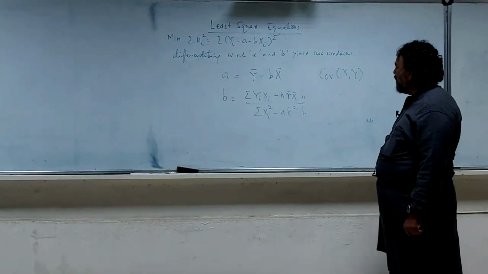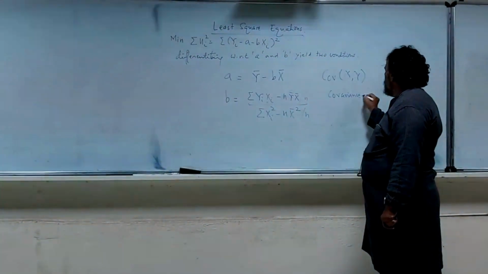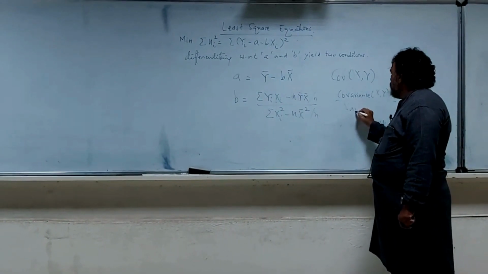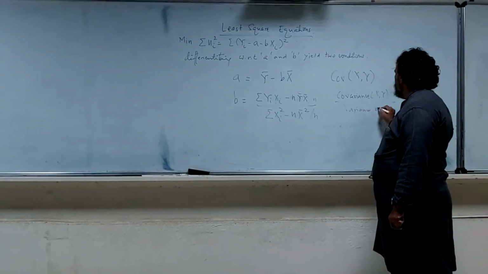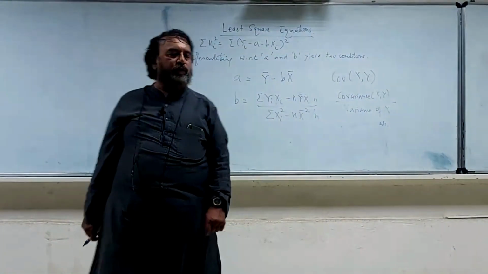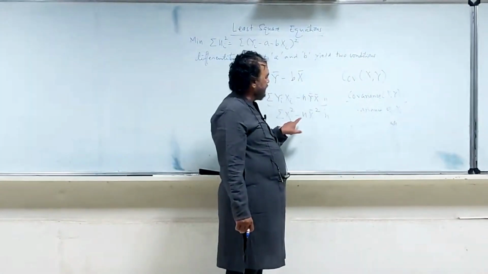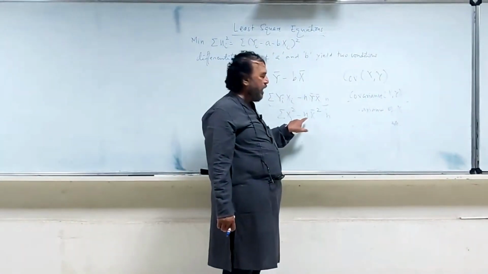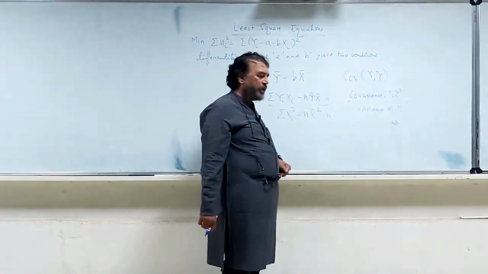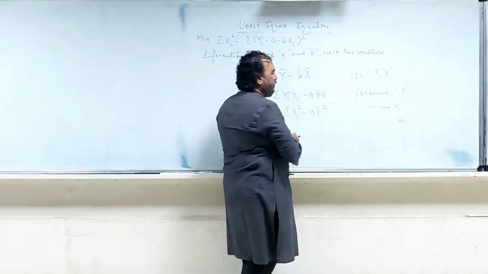And if we do that, we get the covariance between x and y divided by the variance of x. As both numerator and denominator get divided by the same quantity n, it doesn't really matter, we can ignore it.